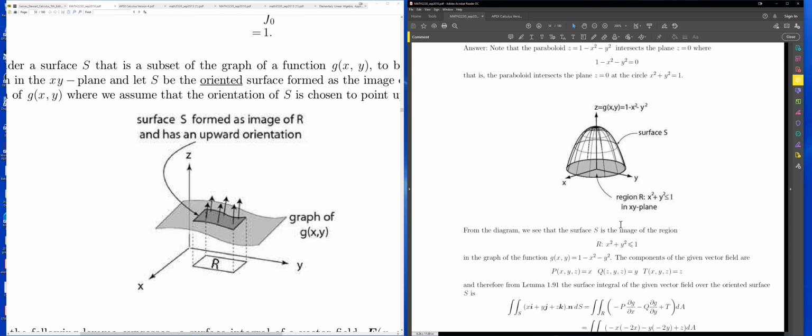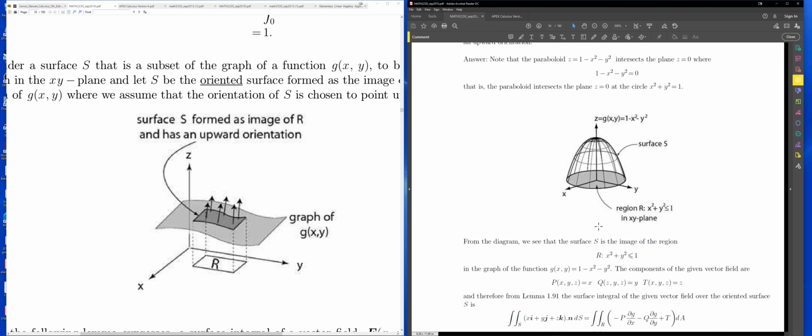The question is, what's the radius of that disk? The radius of the disk is contained inside this circle over here, and this circle is where your paraboloid 1 minus x squared minus y squared intersects the xy plane, which is the plane z equals 0.